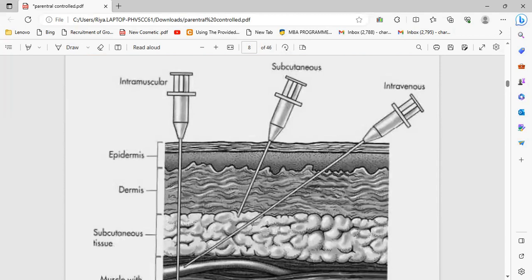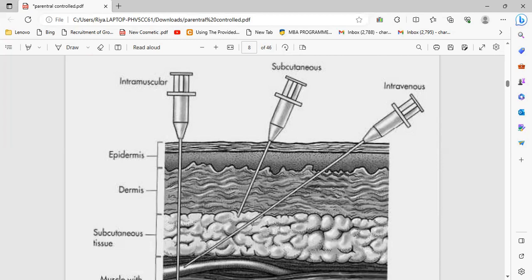Subcutaneous, it is just the injection given to the subcutaneous tissue. It is permitted only up to the subcutaneous tissue. And in the intravenous case, it extends up to the muscular tissue, where the vascular system is widely dispersed.